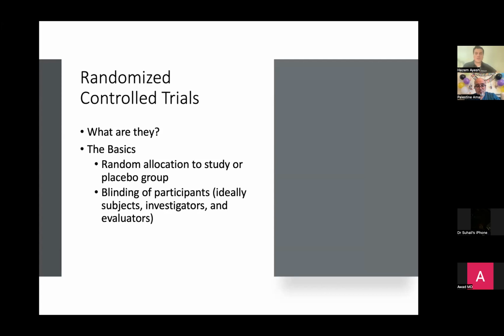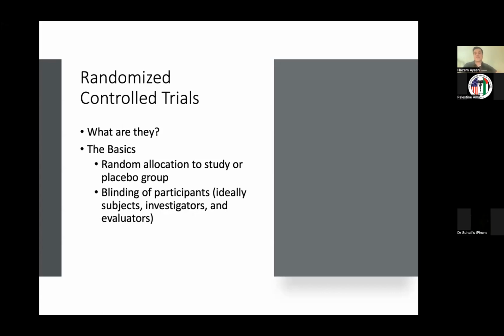The reason we do all of this is to avoid bias, because if you know upfront which group the patient is in, you are going to start assessing the patient in a different way. You are treating the groups differently based on your information, and this is what we call bias. So to eliminate the bias, we try to use blinding.